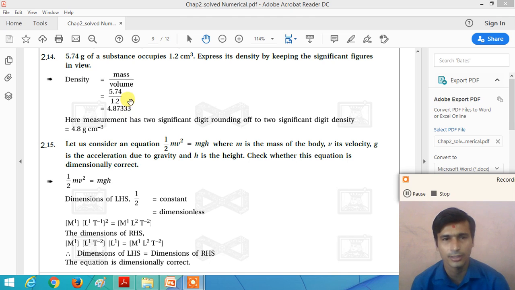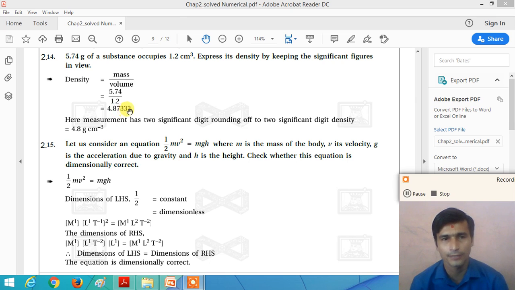If we cut the 3, the previous digit is left as it is because 3 is less than 5. If we cut another 3, the previous digit is left as it is because 3 is also less than 5. If the digit to be removed is less than 5, the preceding digit is left as it is.